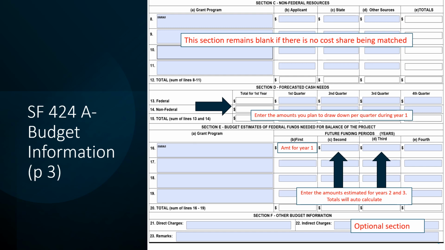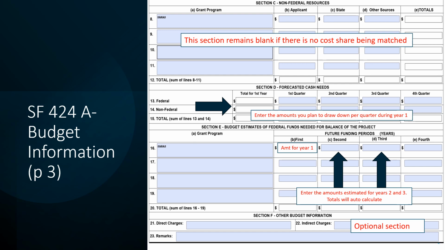You would put that amount in second year. And if you felt like you were going to request another 120 in the third year, you would put 120 there. Fourth year will remain blank because this is a 3-year grant. So we're just going to need year one funding, which we've gone through, and now future fundings of year 2 and 3.